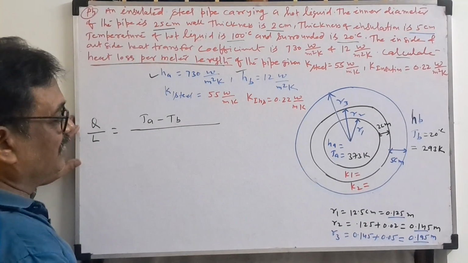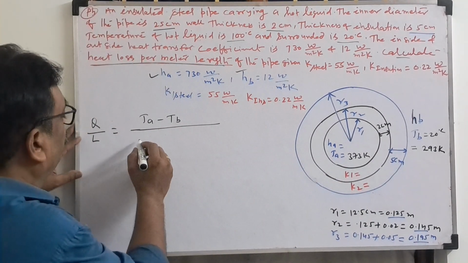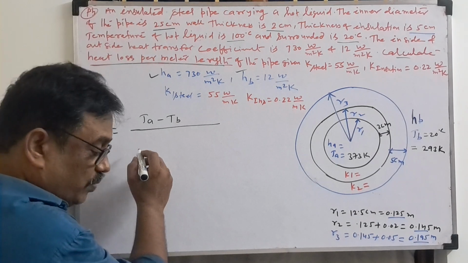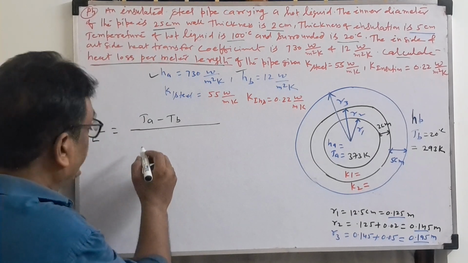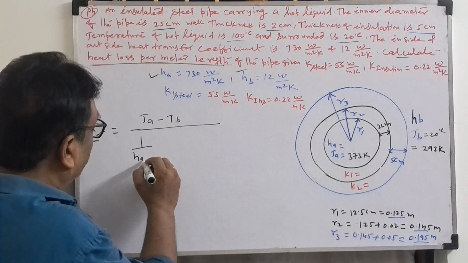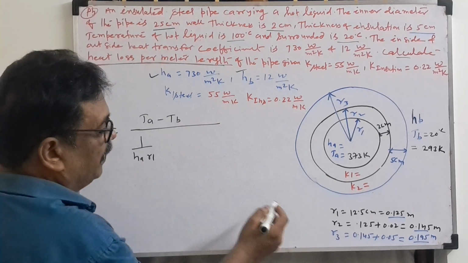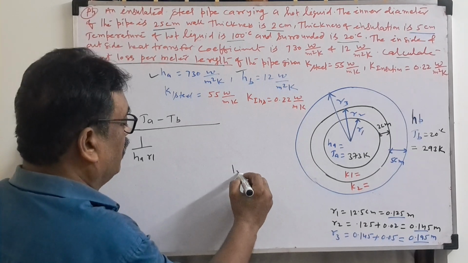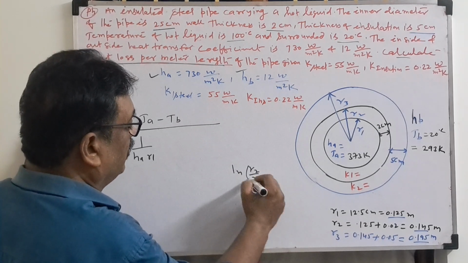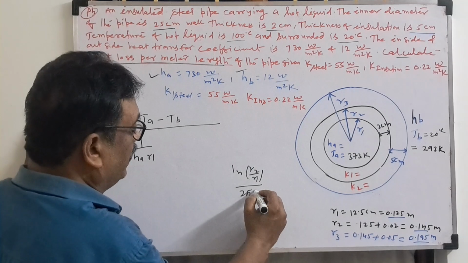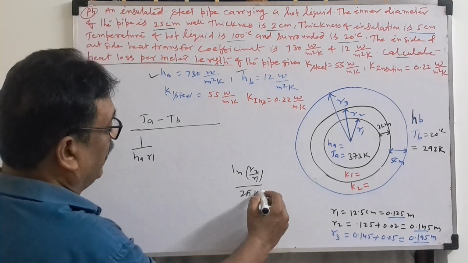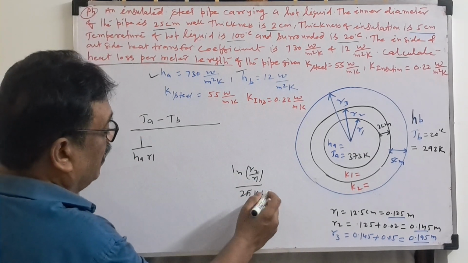Now what is the thermal resistance? For the convective thermal resistance we write 1 by HA R1, divided by 2 pi. Then ln R2 by R1 divided by 2 pi k L. Since L is not there, L will be taken here.